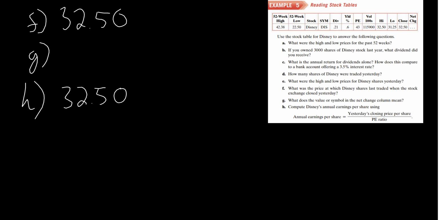And then we're going to divide that by the PE ratio of 43, and we end up with 0.75 or 0.76. So my annual earnings per share is going to be 0.7576. There, 76 cents per share. It's my annual earnings per share.